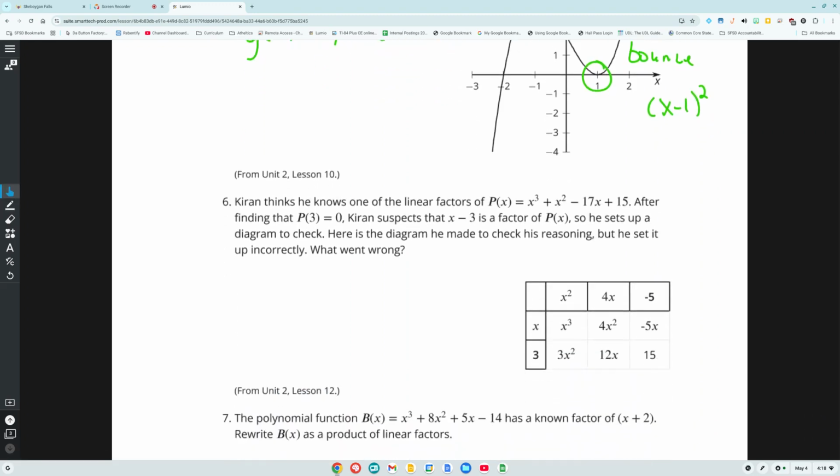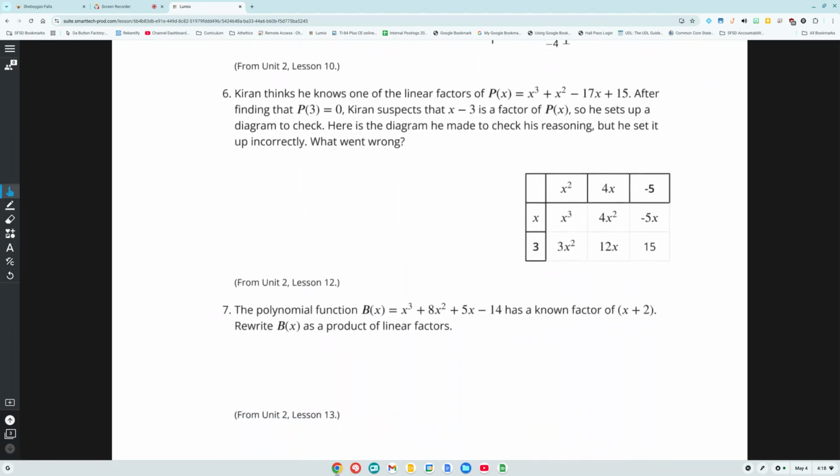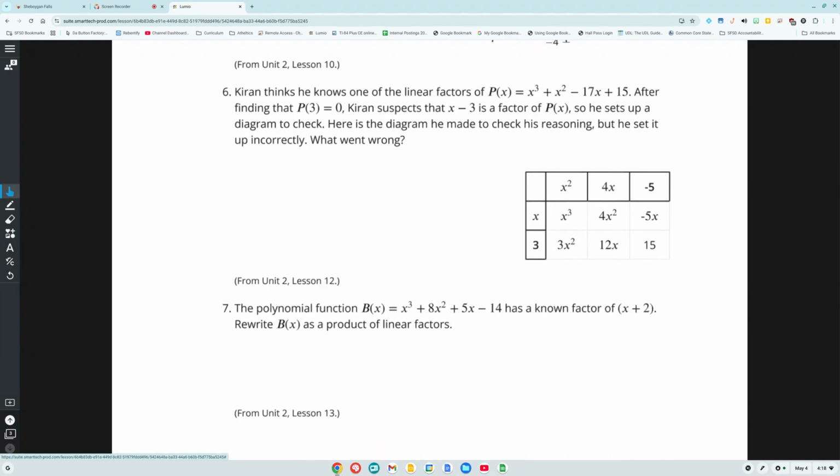6 says Kieran thinks he knows one of the linear factors of p of x is equal to x cubed plus x squared minus 17x plus 15. After finding that p of 3 is equal to 0, Kieran suspects that x minus 3 is a factor of p of x. So he sets up a diagram to check. Here's a diagram he made to check his reasoning, but he is set up incorrectly. What went wrong? Well, this one's pretty quick and easy to tell.